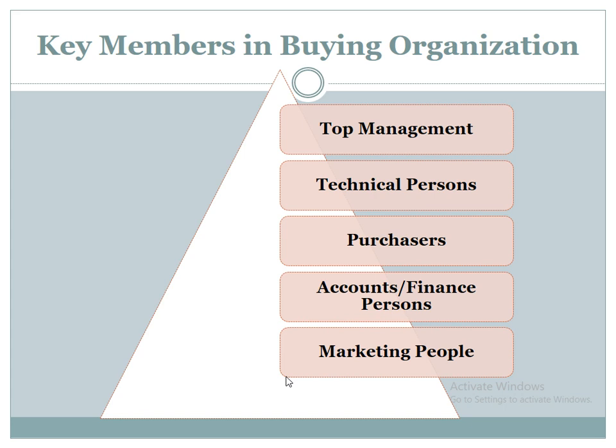For purchases of high value capital equipment, the top management in most firms gets involved in the supplier selection, as it may have a major impact on the firm's operations.